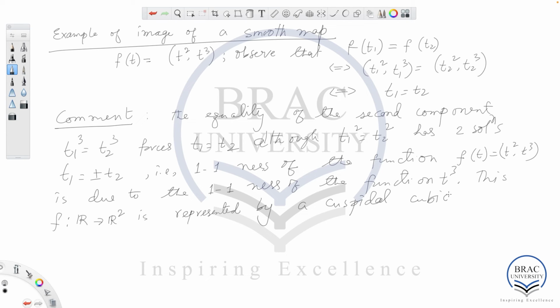And the cuspidal cubic is drawn in this way, 1, minus 1, something like this. Okay, all right.